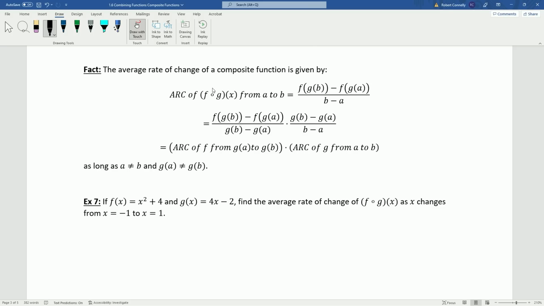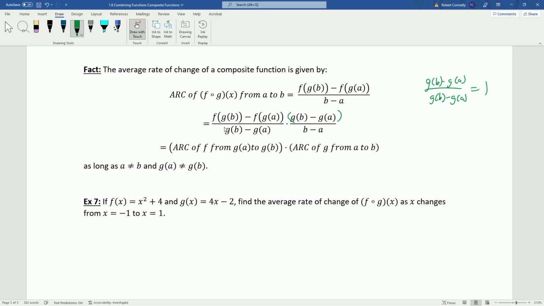But one of the things I want to take note of here, that you'll see becomes relevant in calculus, is that this happens to be equal to f of g of b minus f of g of a divided by g of b minus g of a, times g of b minus g of a over b minus a. In other words, all we're doing here is multiplying by g of b minus g of a divided by g of b minus g of a, which equals 1.